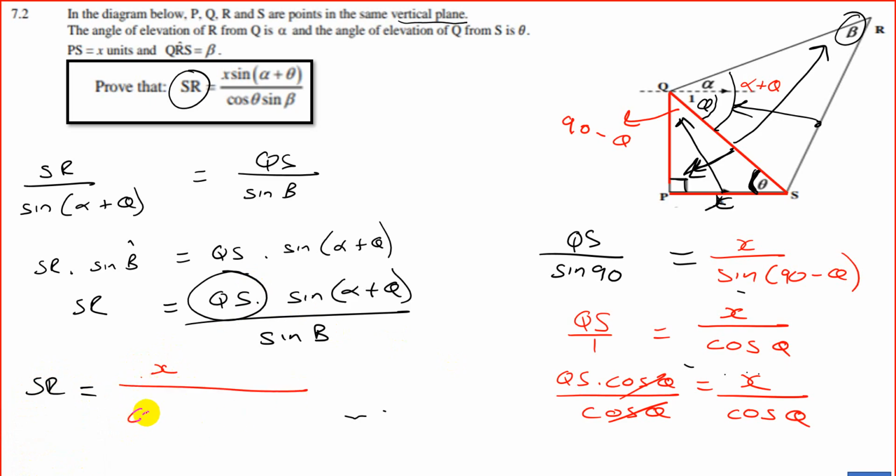We can put the cos theta in the bottom because we are multiplying, and on the top, from the original, we still have sine (alpha plus theta), and in the bottom we still have the sine beta.